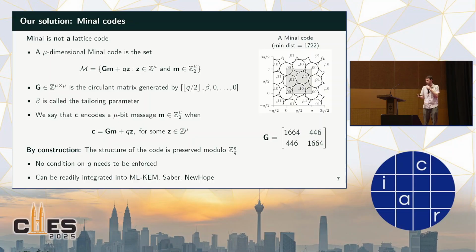It's a pretty simple construction. We just get the core of the lattice code and repeat that in each hypercube. What we get by that is that no condition on Q needs to be enforced. So this can readily be integrated into ML-KEM, Saber, and NewHope.